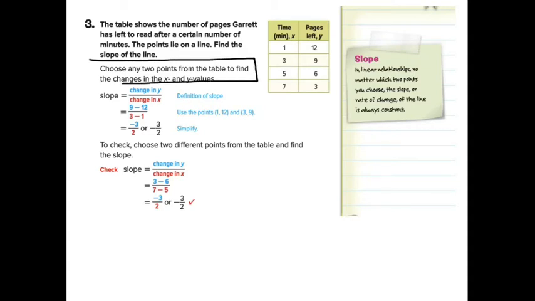Step 1. Okay, so if you want to, label these as steps. Step 1. Choose any 2 points from the table to find the changes in the x values and the changes in the y values. Now on our graph, we were able to draw that little triangle and draw how many we rose, how many we ran. Okay, in this case, we're just going to focus in on 2 ordered pairs.